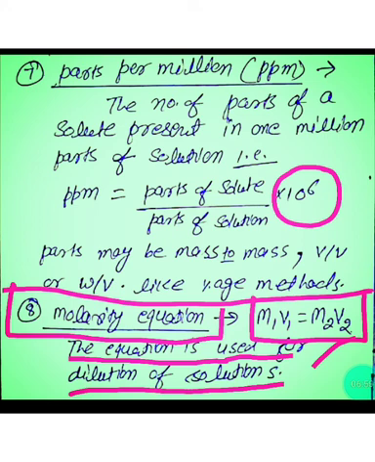And this is the relation for this kind of solutions, M1V1 equal to M2V2, and the process of adding solvent is called dilution. So now we will start with the numericals related to molarity, molality, molarity equation, and parts per million.